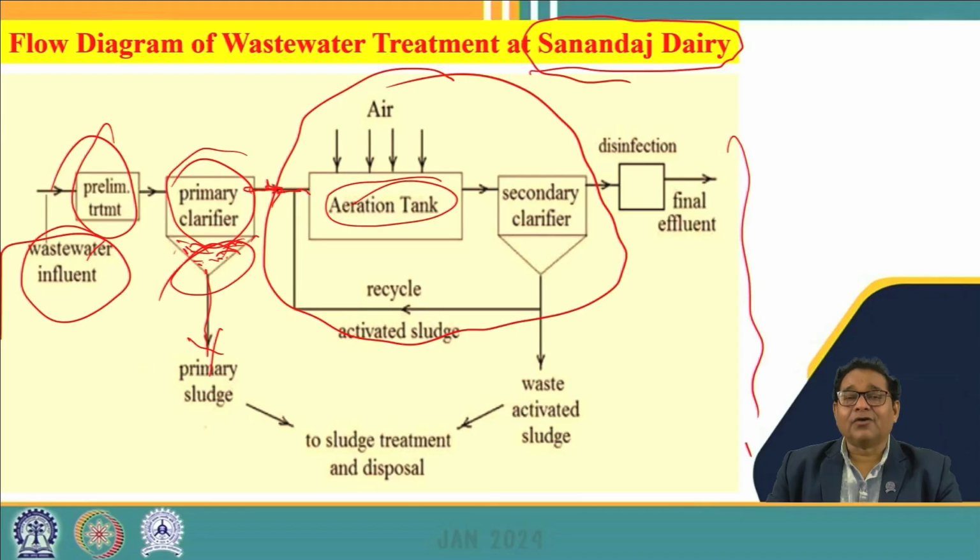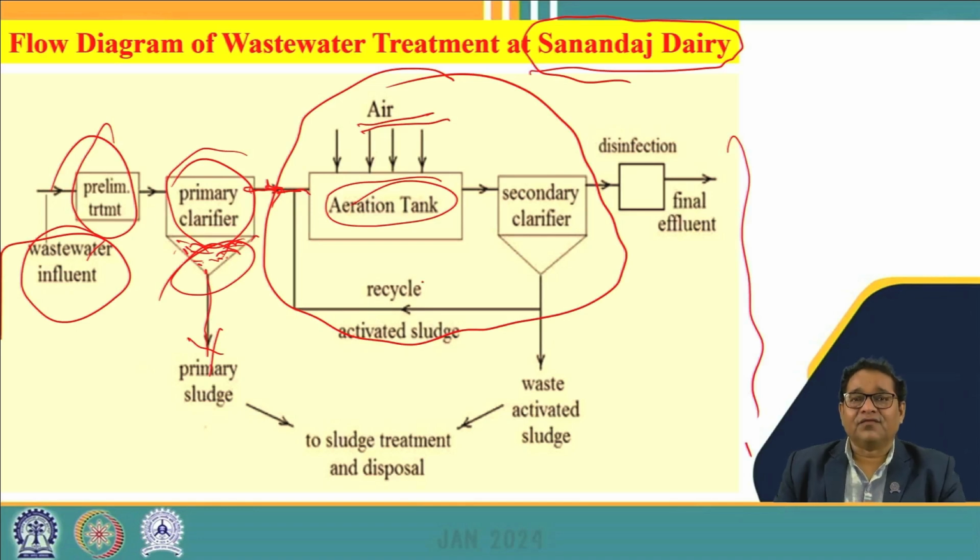The aerobic biodegradation of the carbohydrate, starch and alcohols present in the wastewater is carried out in this activated sludge process. Air is basically required for providing the oxygen required for aerobic decomposition.